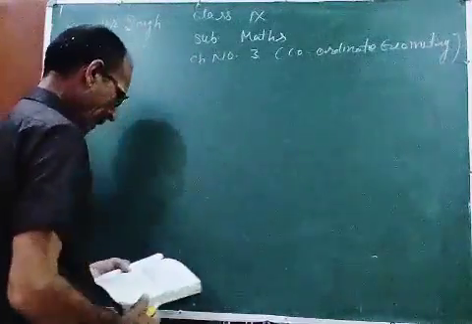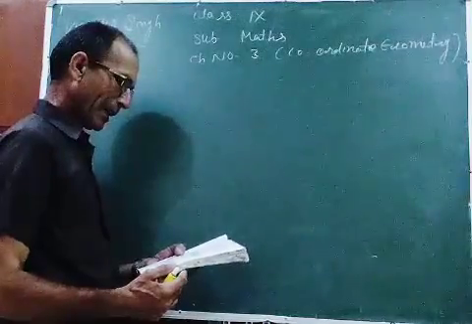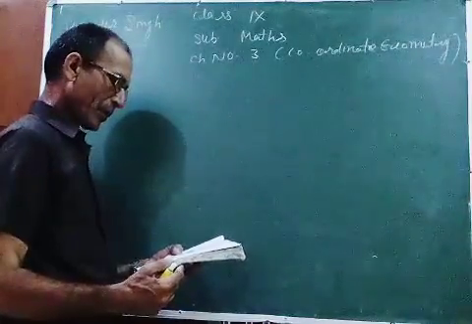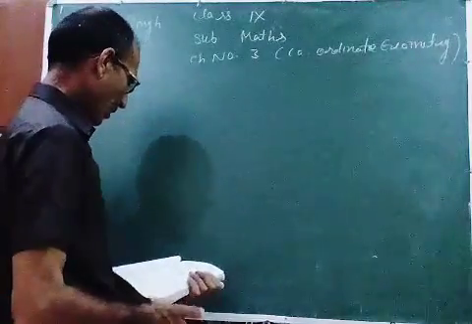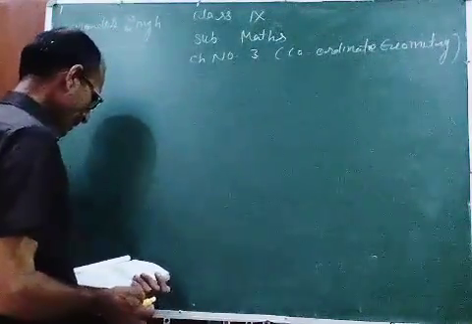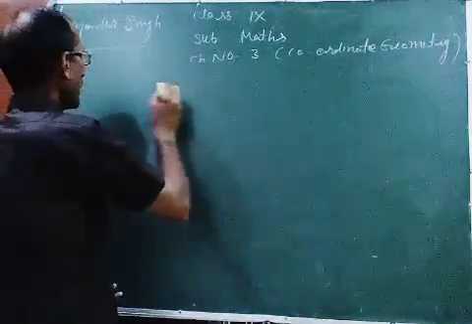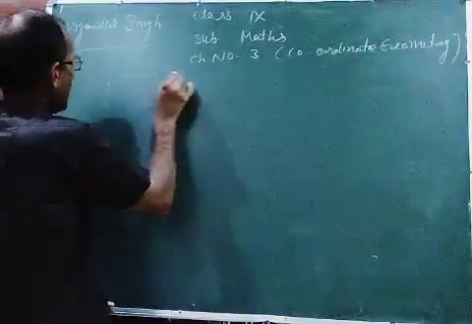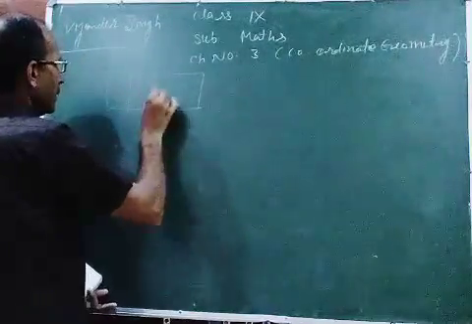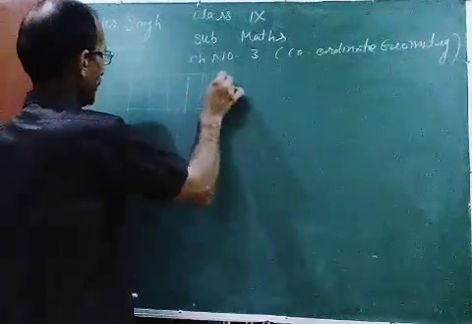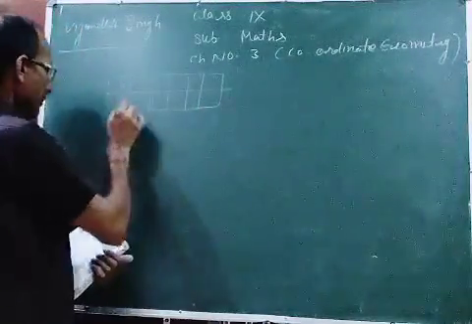In exercise 3.3, we have to plot the points (x, y) given in the following table on the plane, choosing suitable units of distance on the x-axis. So only the last question of exercise 3.3. Table is given. What is the table? Table you can make like this: x and y.